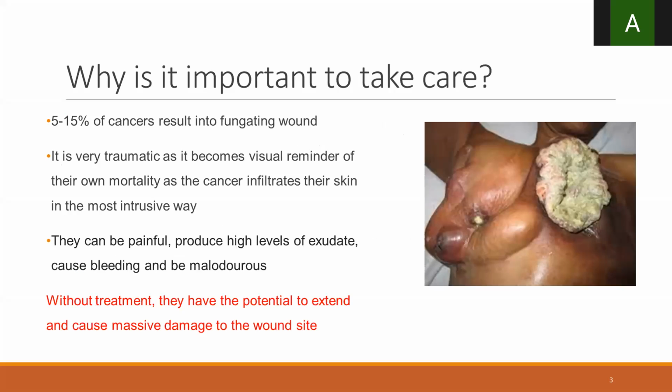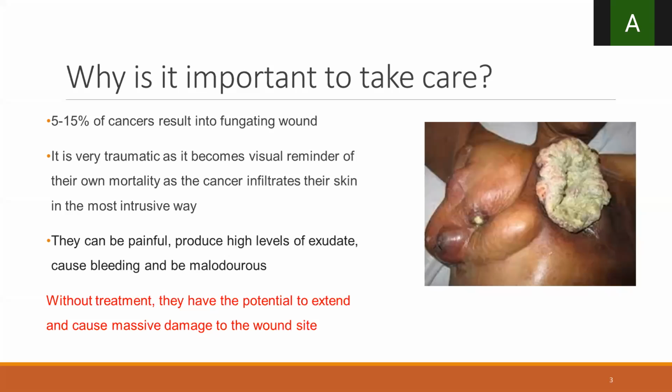So, why is it important for us to take care of such wounds? Generally speaking, about 5 to 15% of cancer patients develop this kind of wound, and it is very traumatic. You can see here how it has developed in a patient with cancer of the breast, on the chest itself.